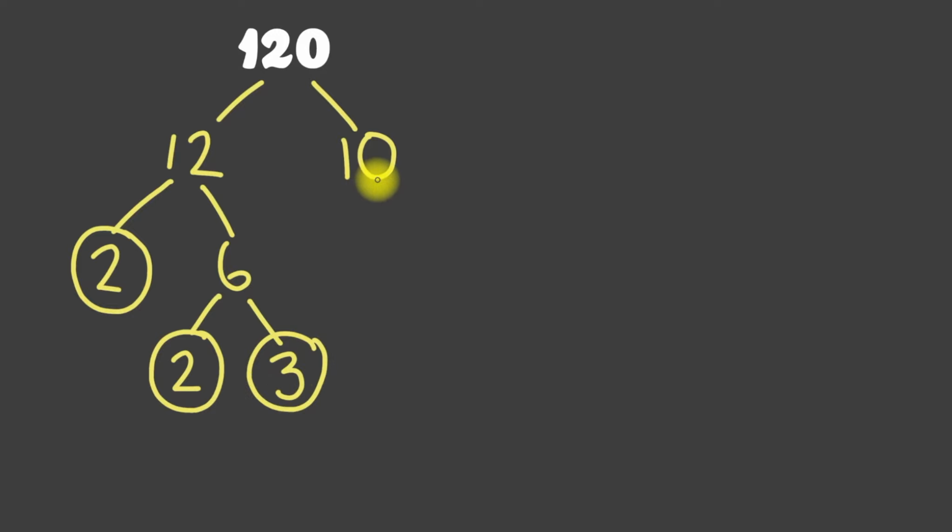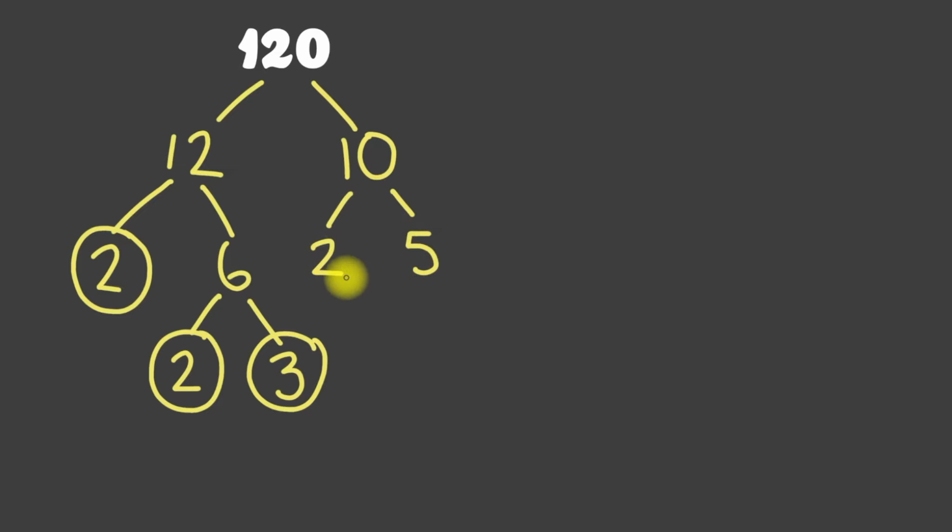We still have this 10 from before. Is there any other number aside from 1 and 10 that can divide 10? Sure, I can divide it by 2. 10 divided by 2 is 5. So I'll break it down into the two branches, 2 and 5.